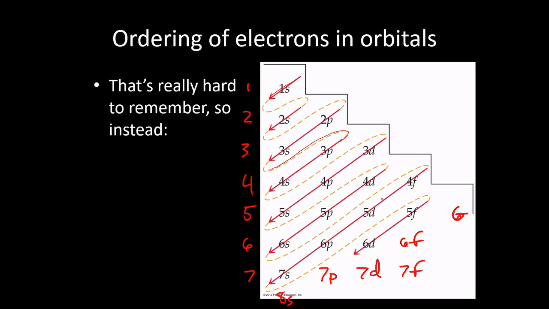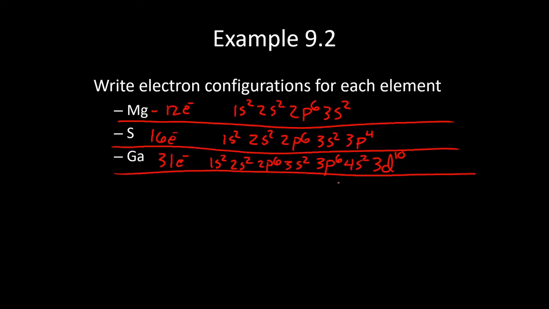Well, again, if you can't remember, just go right back here. 3d, 4p. And I only have 1 electron left, so it gets 1. And that's it. That's all there is for these electron configurations.